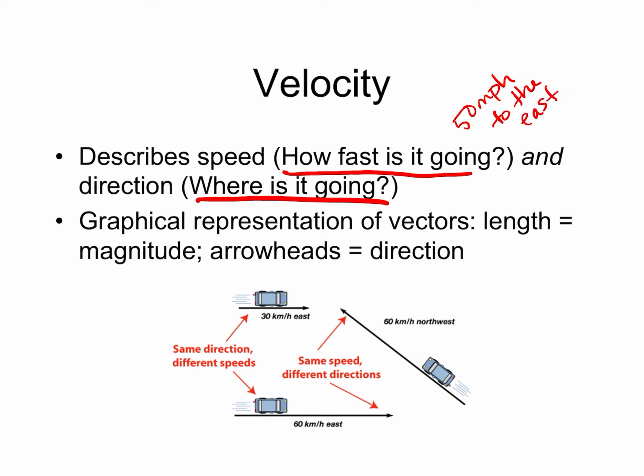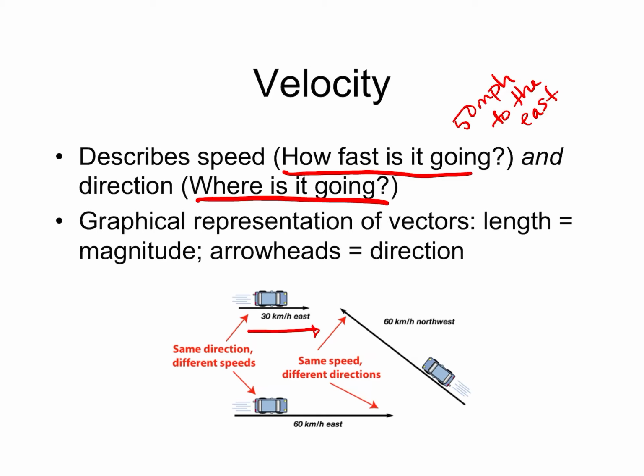Okay, and it has some graphical representation here. It's showing you with these arrows. So for instance, this one right here, it's showing you that it's going 30 kilometers per hour to the east. And so obviously the arrow is going to be pointing towards the east.